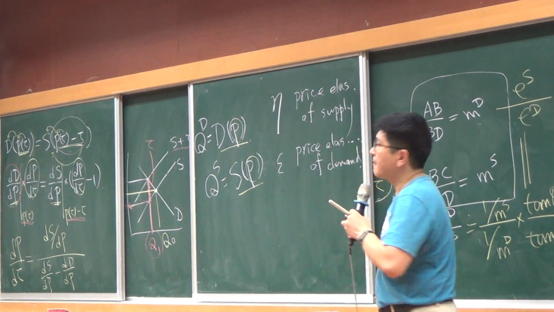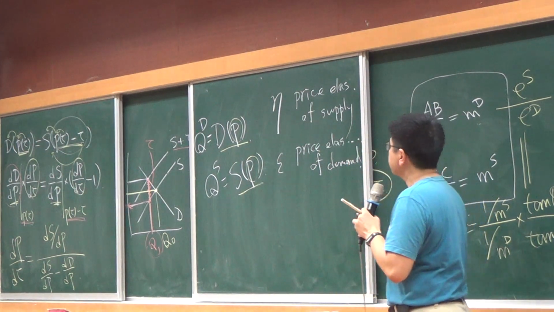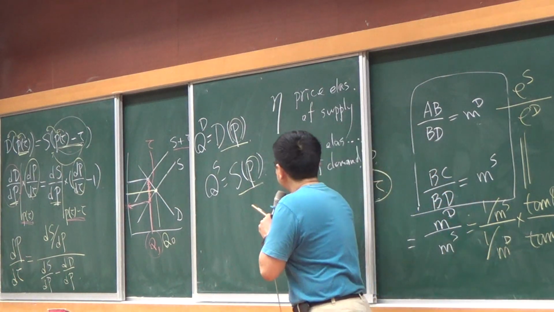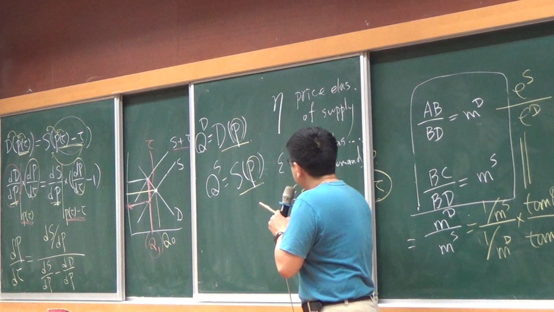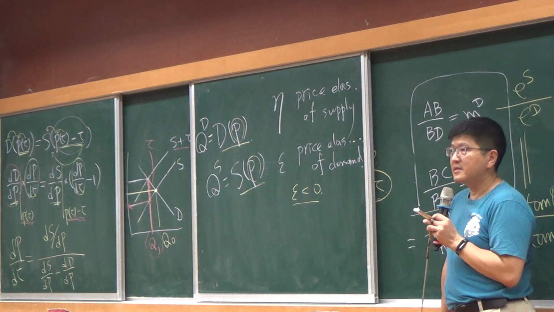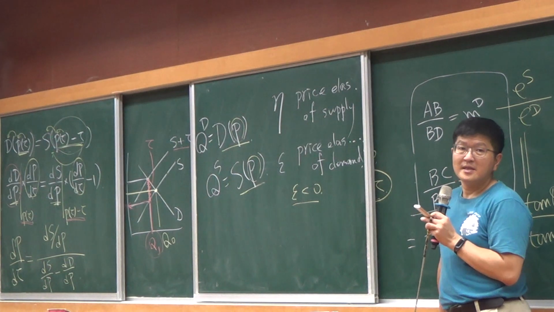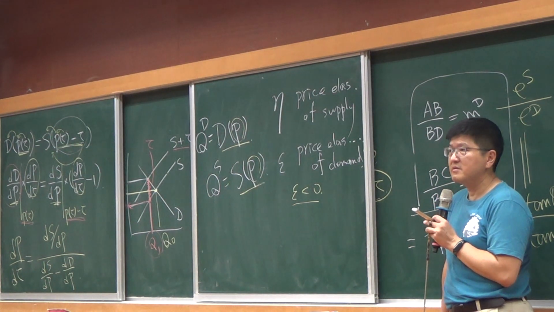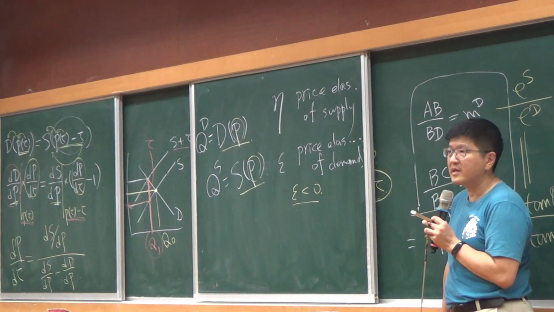And know that epsilon is less than 0. Why is epsilon a negative number?